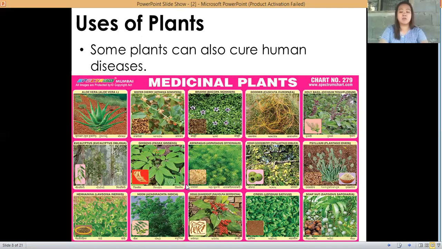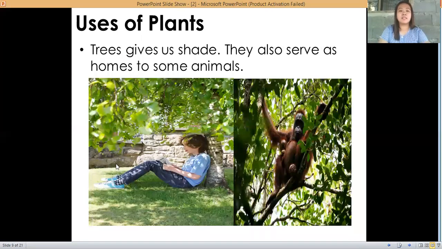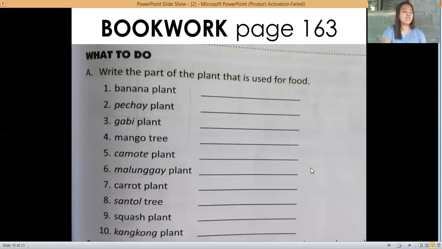Many plants can be used as medicine. Also, trees give us shade. Look at this boy. And they also serve as homes to some animals.